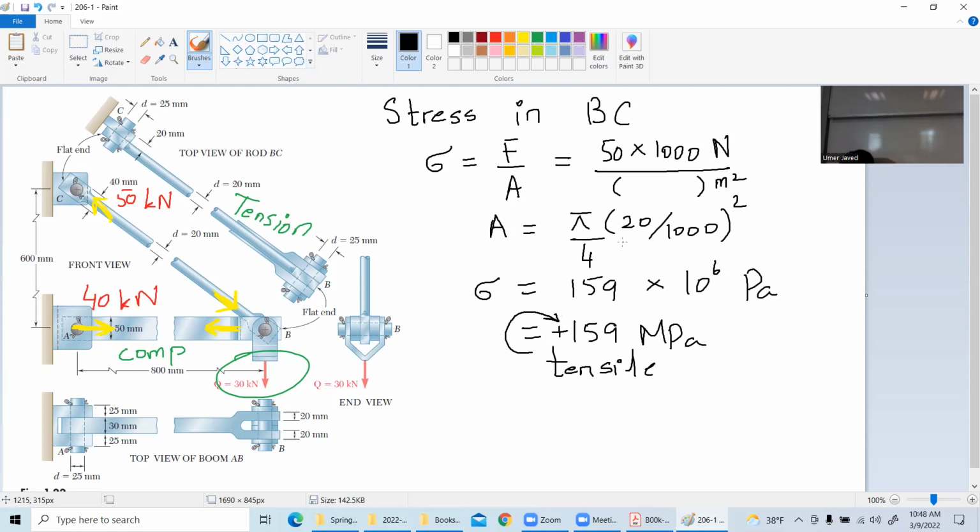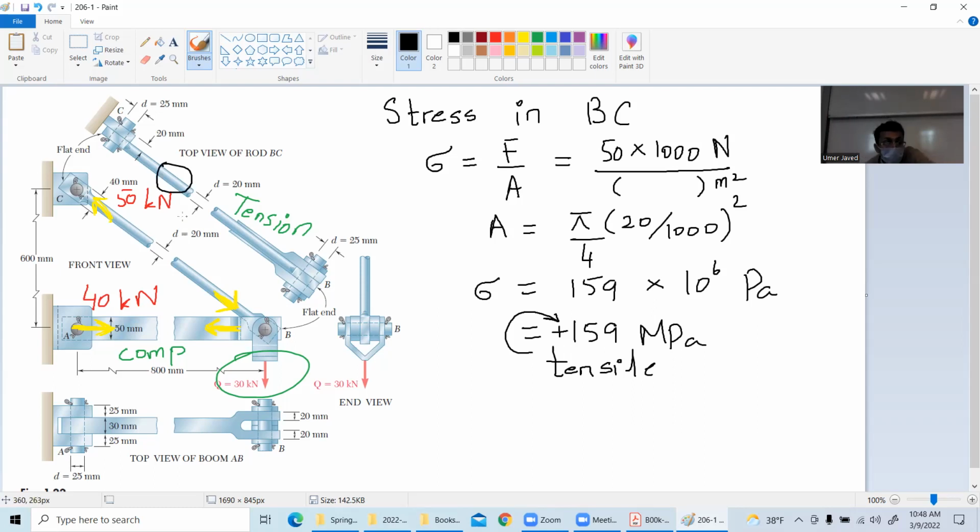Okay. Now, here comes the important piece of the puzzle. If I ask you in this problem, I'm talking about stresses. Should we stop here? Absolutely not. Because right now I was focusing here, and I cannot stop here.